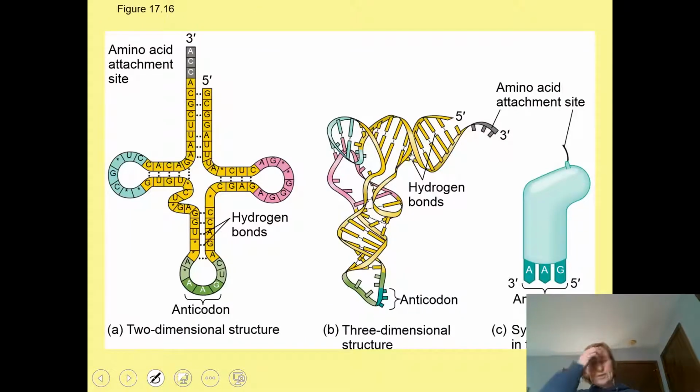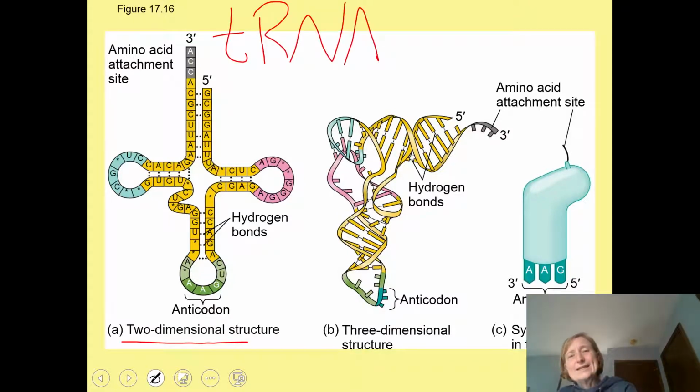Here's some pictures of the two-dimensional shape of the tRNA molecule. Sorry. And this is more of its three-dimensional shape. We like to use this funny L shape just because it's easier to draw and easier to see. Well, you can see its anticodon loop here, okay?